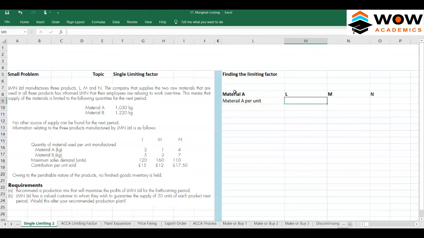We need 2, 1 and 4. And what's the maximum sales demand? The maximum sales demand is 120 units, 160 units, and 110 units.